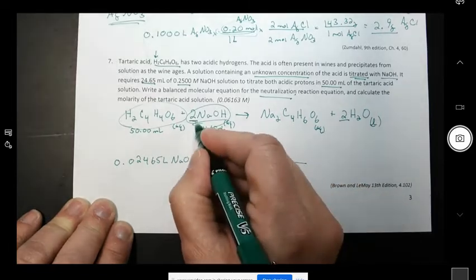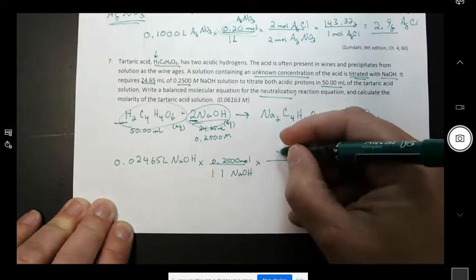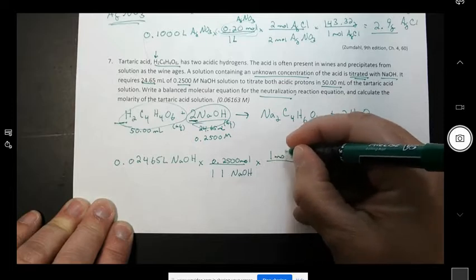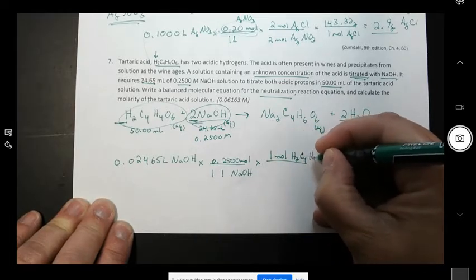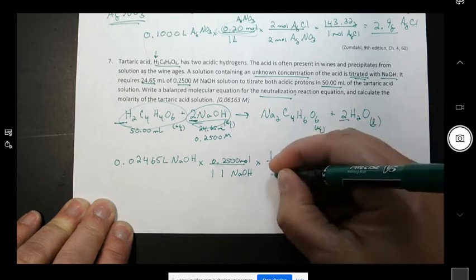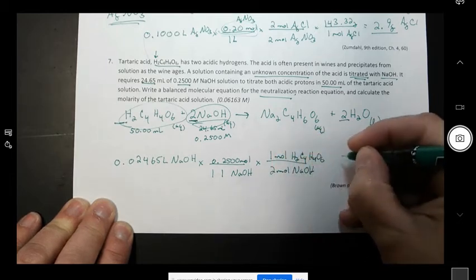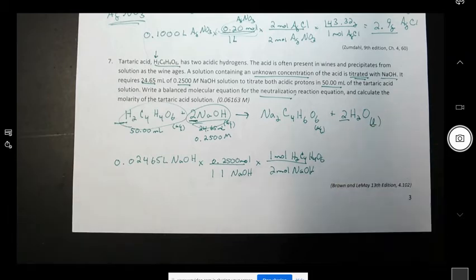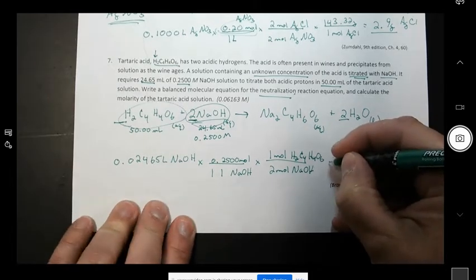And we know we need 2 moles of sodium hydroxide to neutralize 1 mole of tartaric acid. So it's 1 mole of our acid, H2C4H4O6, for every 2 moles of sodium hydroxide, NaOH. I know that's going to give me moles.